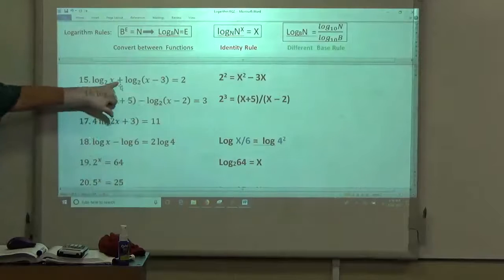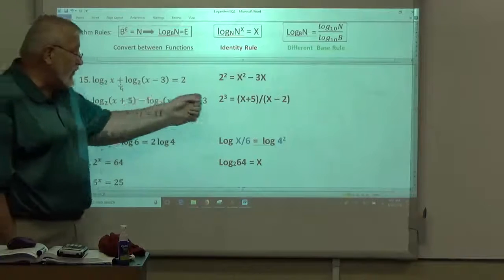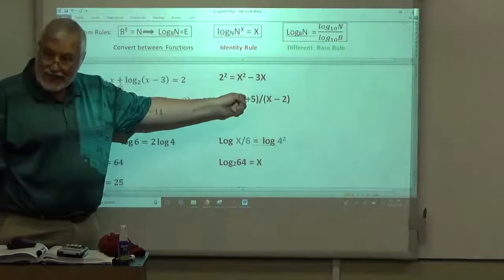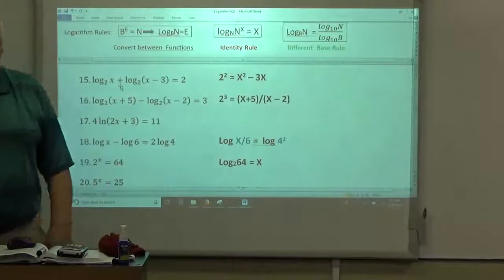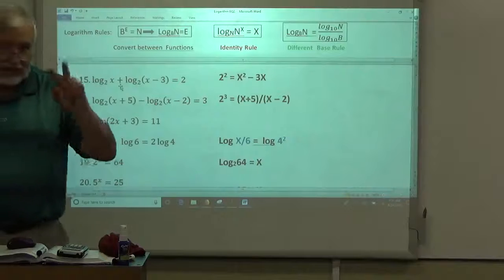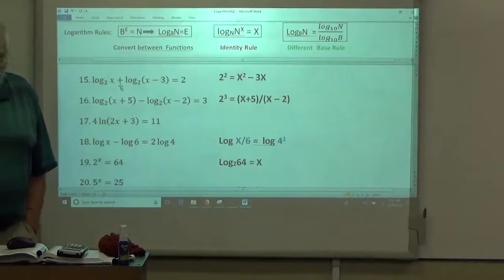You have the interpretation of the sum, which is the product rule in reverse, then you have to convert from logarithms to exponents, and then you have to solve the quadratic equation, which I consider a skill too. So you have 4 skills there. 4 different skills is a difficult problem.